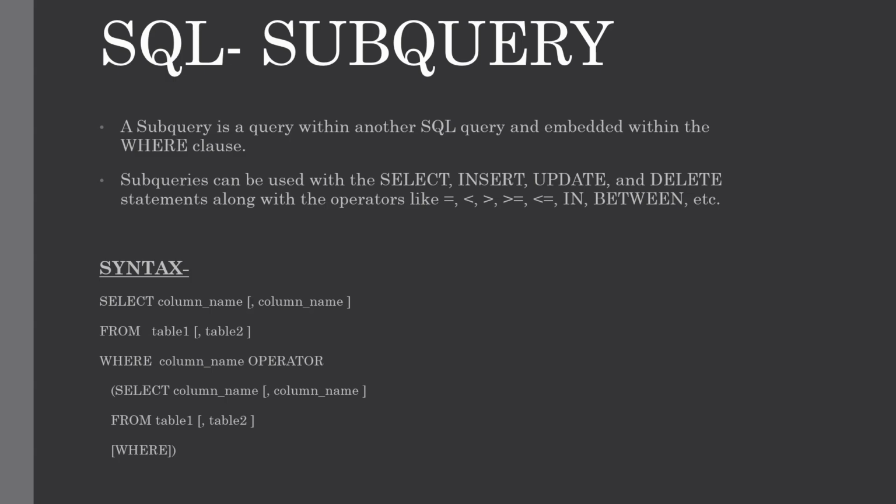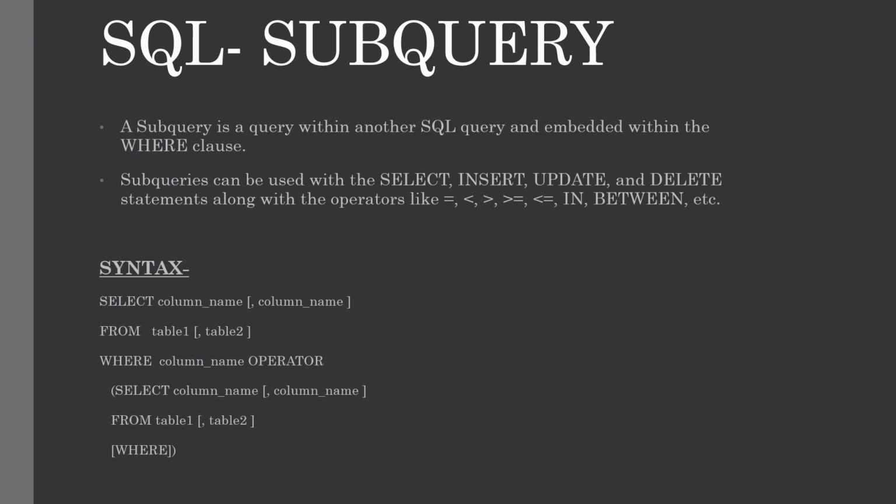There are a few rules that subqueries must follow. The first one is that subqueries must be enclosed within parentheses, as you can see in the syntax. The second is that we cannot use the order by command in the subquery, although the main query can use an order by.